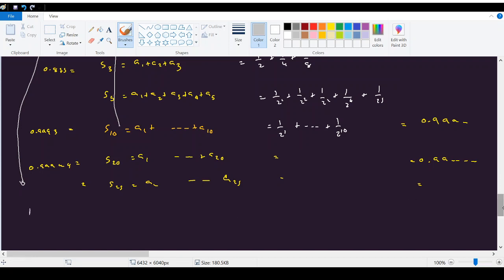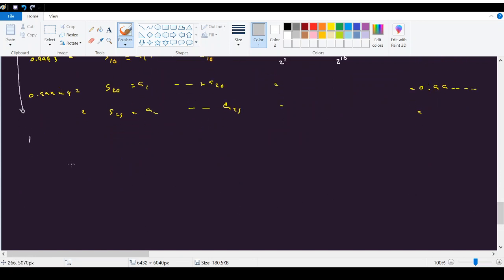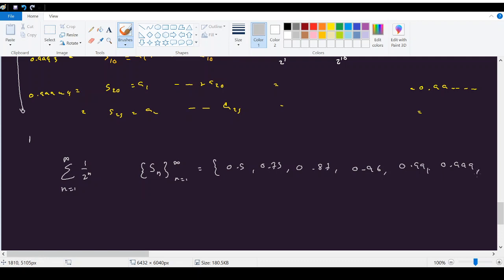In other words, for this given specific example, the partial sum sequence, if we write the values, will be 0.5, 0.75, 0.87, 0.96, 0.99, 0.999.